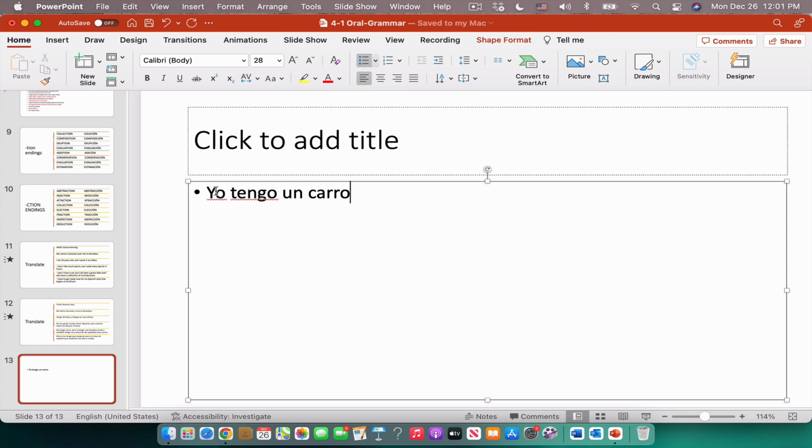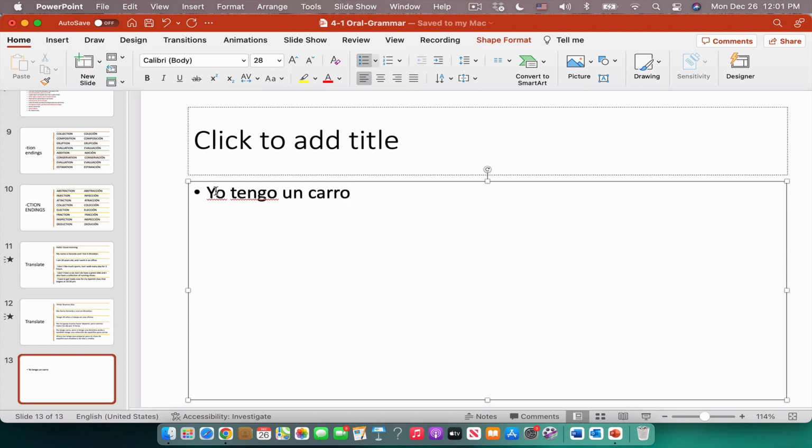Well, he has a car is going to be, él tiene un carro. What about we have a car? Well, we have a car is going to be nosotros or nosotras, depends if the group is masculine or feminine. In this case, it's going to be nosotras tenemos un carro.